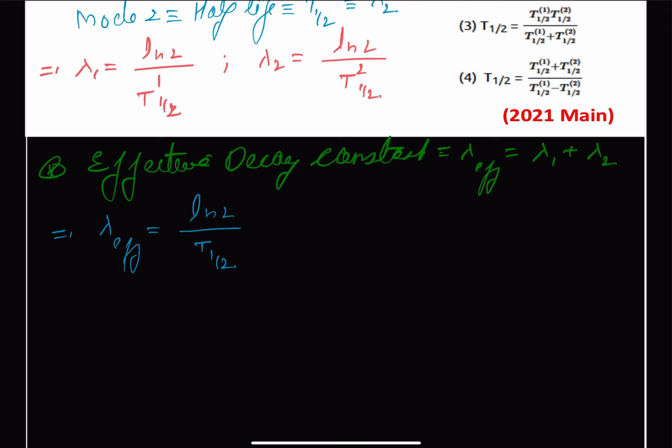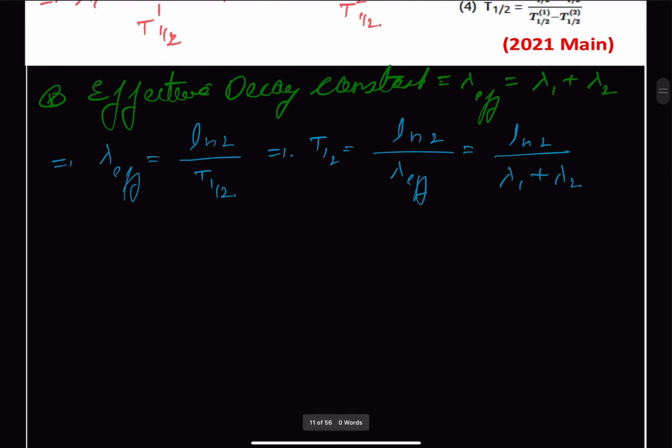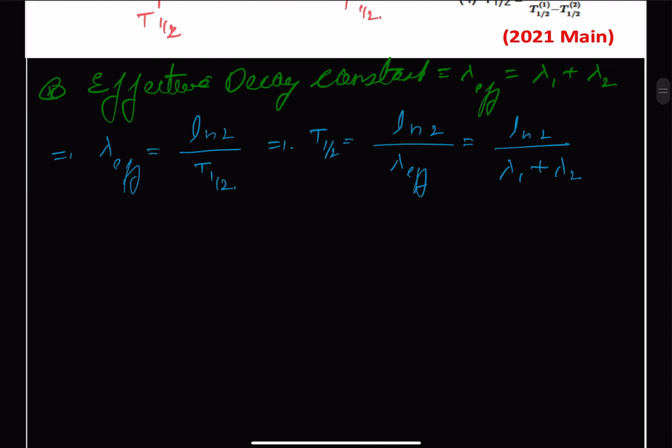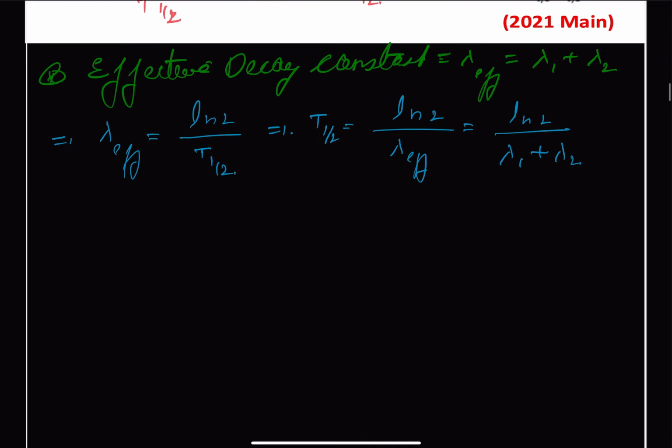And from here T half will be equal to natural log of 2 divided by lambda effective, which comes as natural log of 2 divided by lambda 1 plus lambda 2. Now we can just substitute the values of lambda 1 and lambda 2.